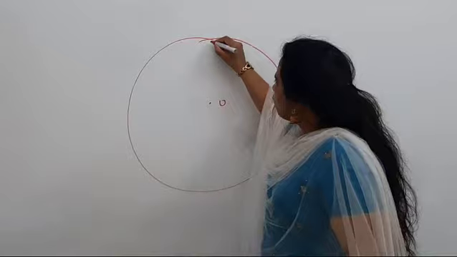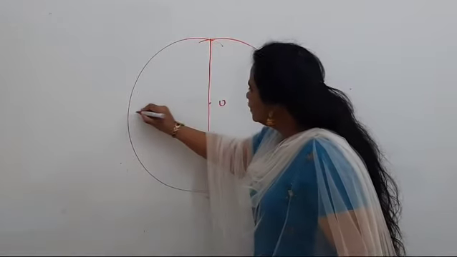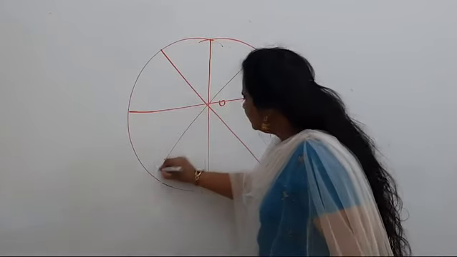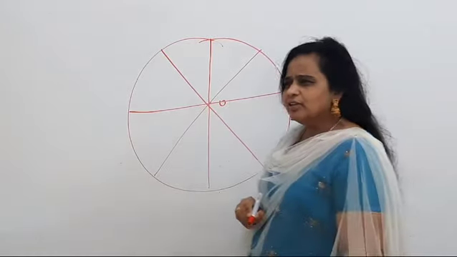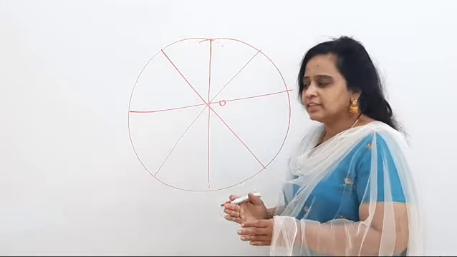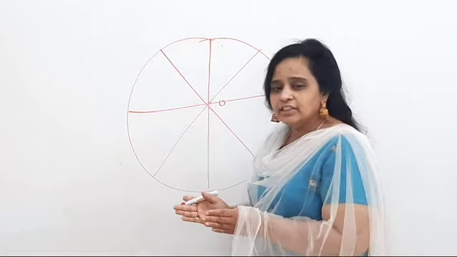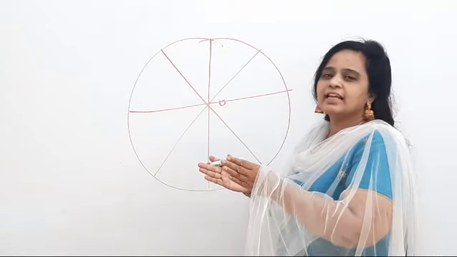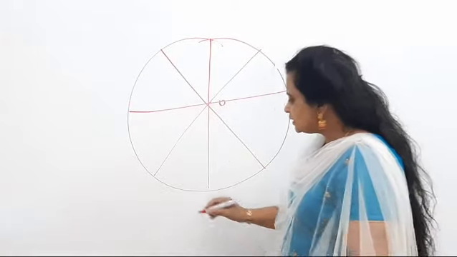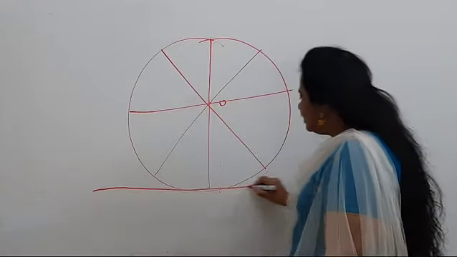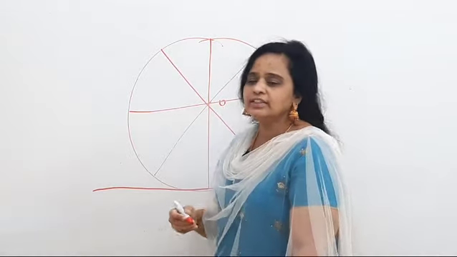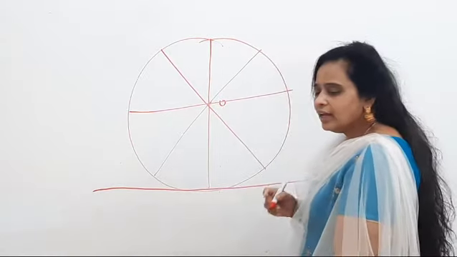Now, how will these spokes be in a wheel? The spokes are like this, and it goes like this. And you must note this point also. When you ride a bicycle on a road, that road is nothing but a straight line. You can imagine that road is nothing but a straight line. So the wheel is rotating on this road.